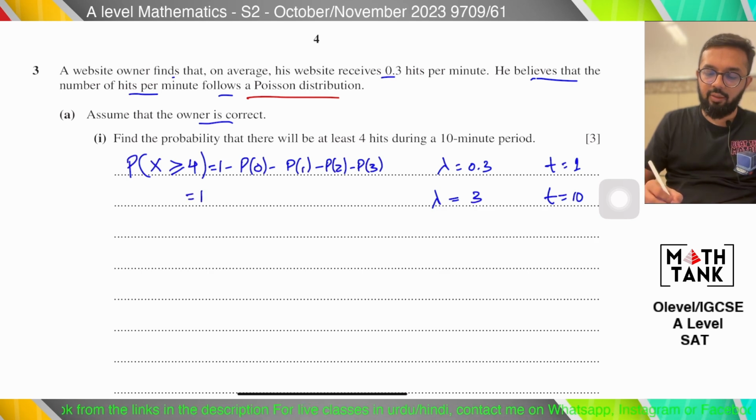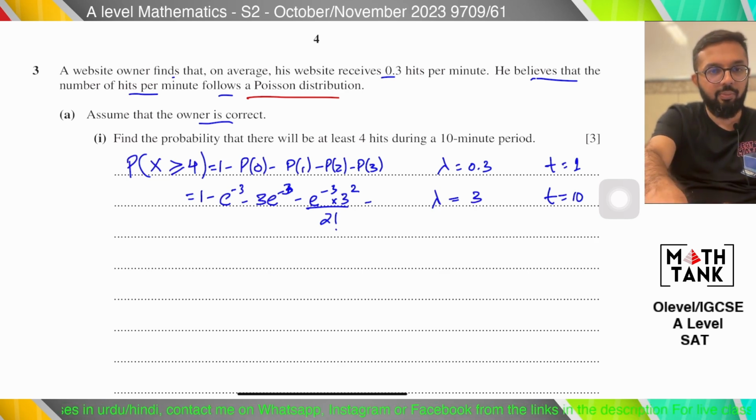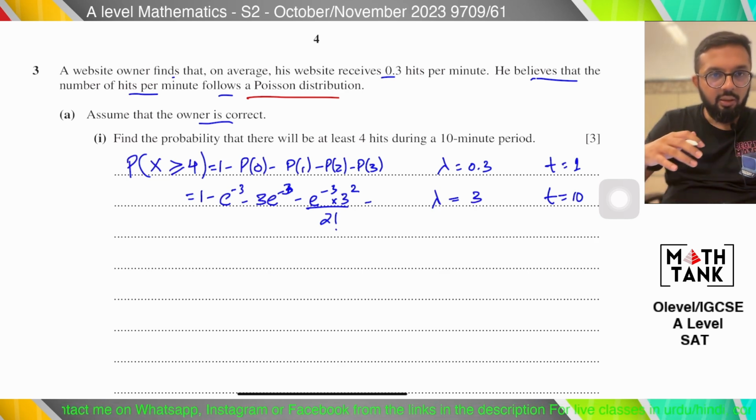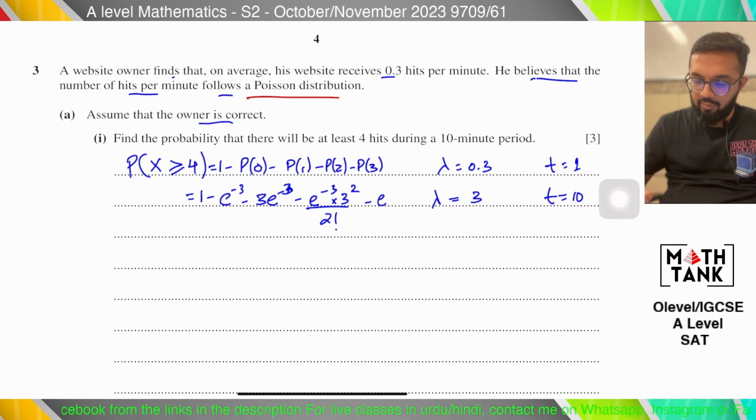Okay, so I'm going to write down e power minus lambda, minus e power minus lambda into lambda, minus e power minus lambda into lambda power 2 over 2 factorial, minus, hope I'm applying the formula correctly, e power minus lambda into lambda power 3 over 3 factorial.